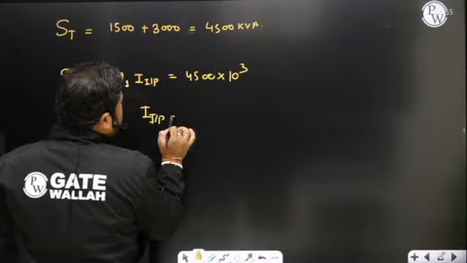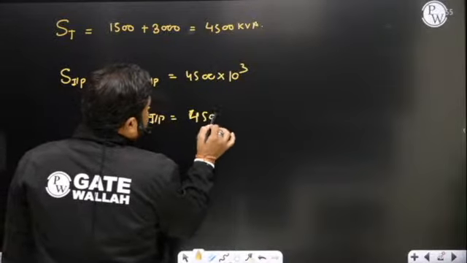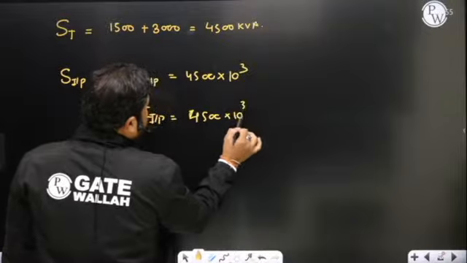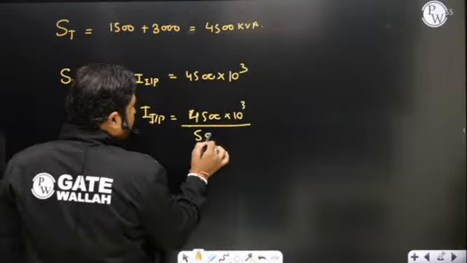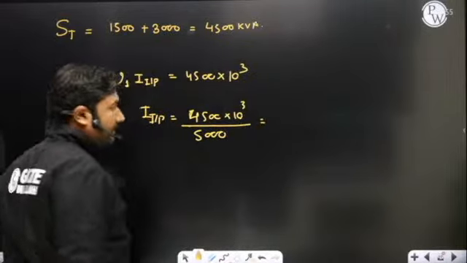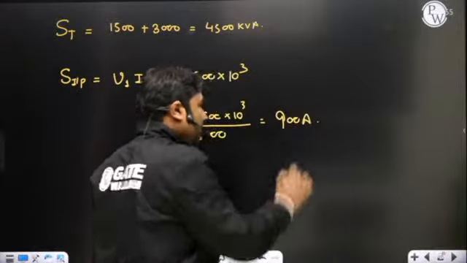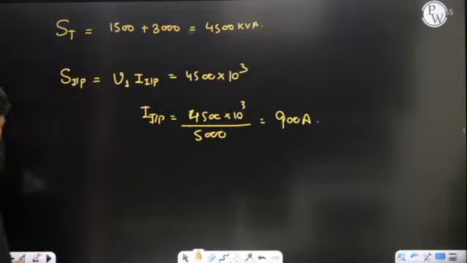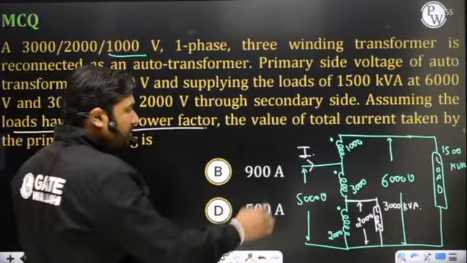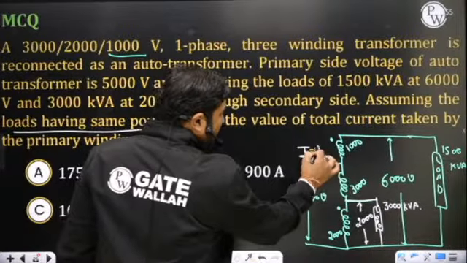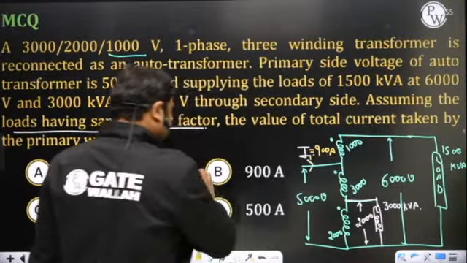Input current will become 4500 into 10 power 3 divided by V1, 5000 volts. How much? 900 amperes, sir. Done. So it means this auto transformer is going to take this current I1 as 900 ampere.